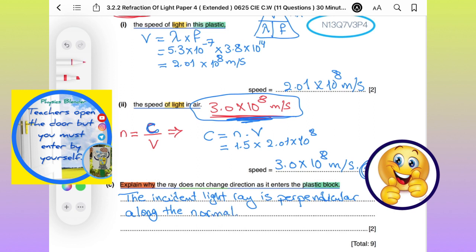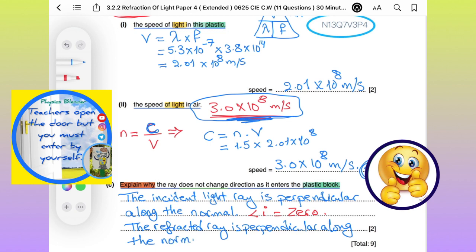Okay? Angle of incidence is equal to 0. Also, the refracted ray is perpendicular, along the normal, and the angle of refraction is also equal to 0. Angle of refraction is equal to 0.